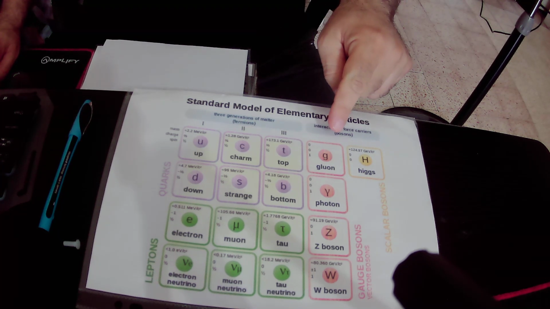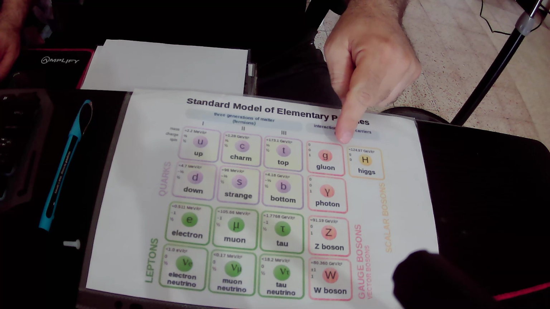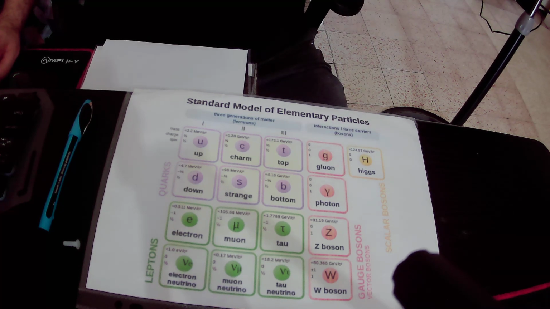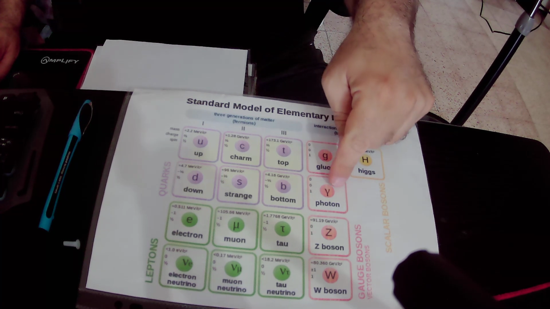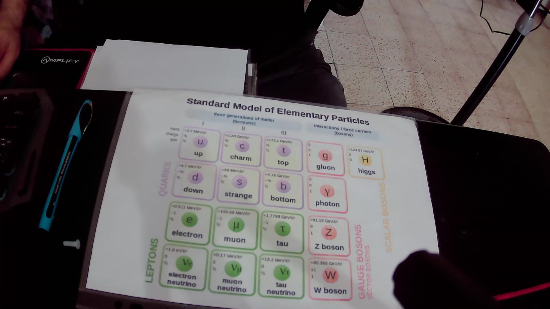And we actually have 8 types of gluons. And then we have the photon. The photon particles carry the electromagnetic force that actually explains how the charged particles interact with each other.